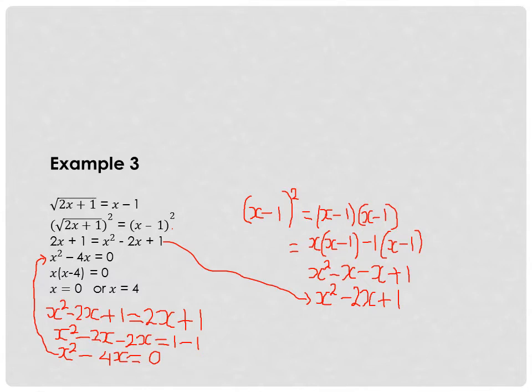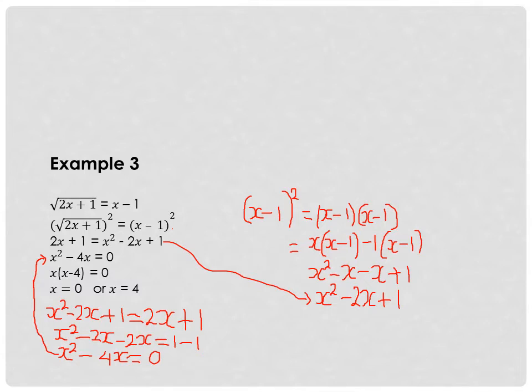Those with x, we put them together, and those without x or variable, we put them together. So please look at the workings at the bottom. So we have x to the power 2 minus 2x plus 1 is equals to 2x plus 1. Those with x, we put them together.